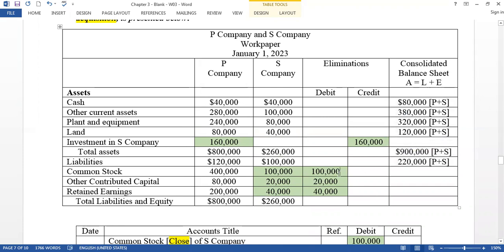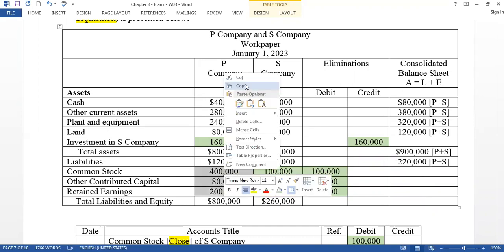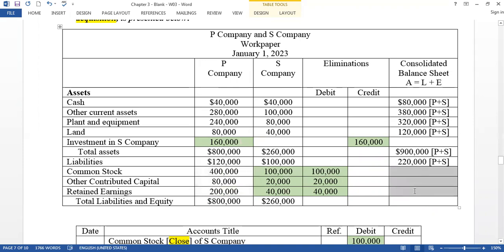So we close net asset, right? We close the net asset. This is the net asset we close. Now we have remaining equity. Who is equity? We should have this three equity. That means parents company's equity are the remaining. This is the parents company's equity. So this is only for parents company's equity.